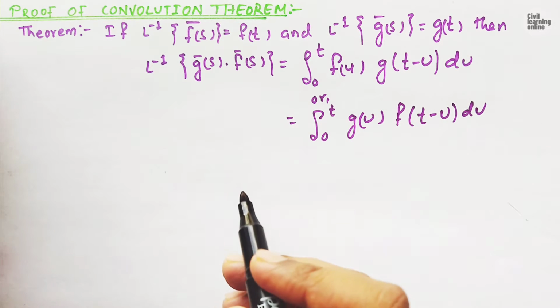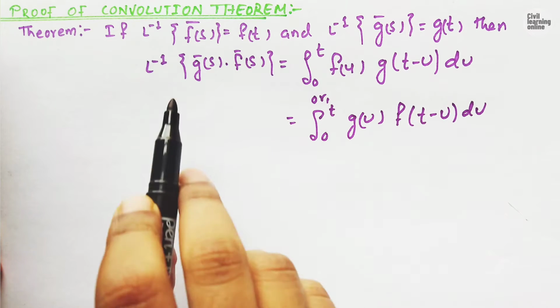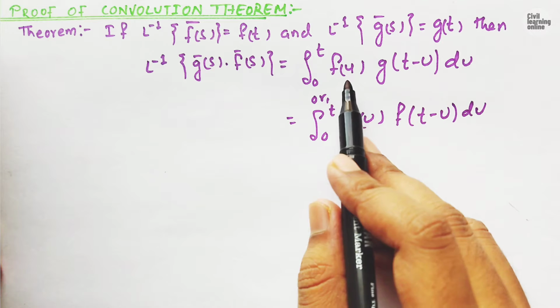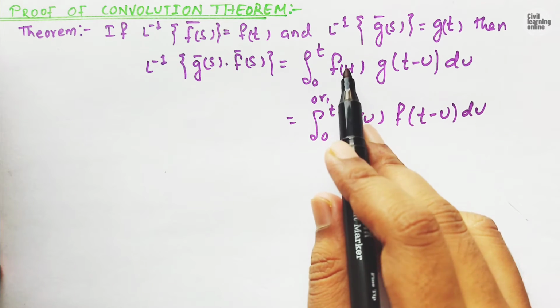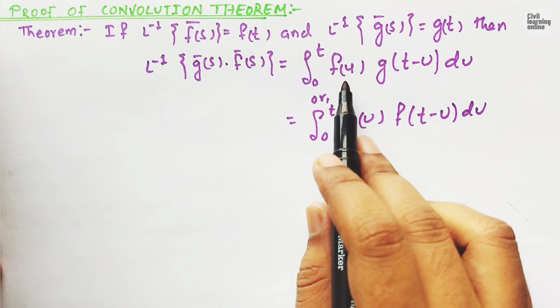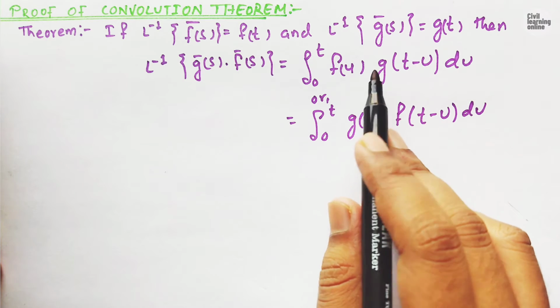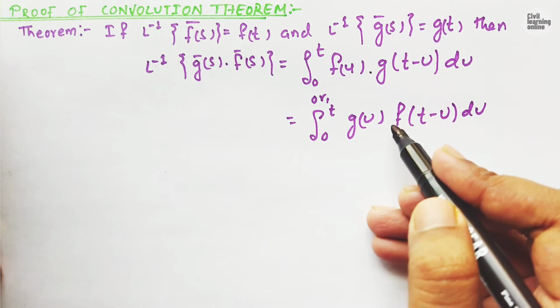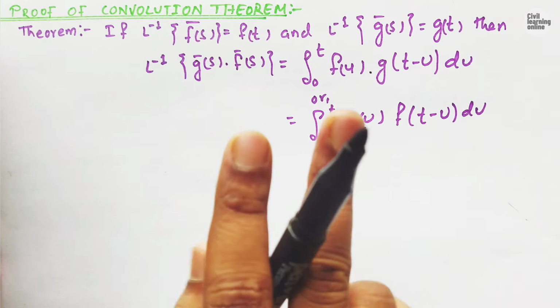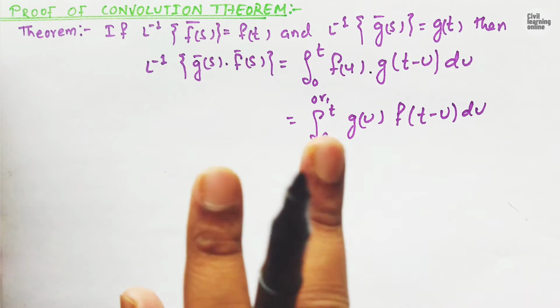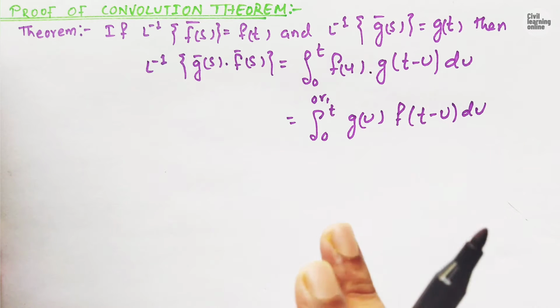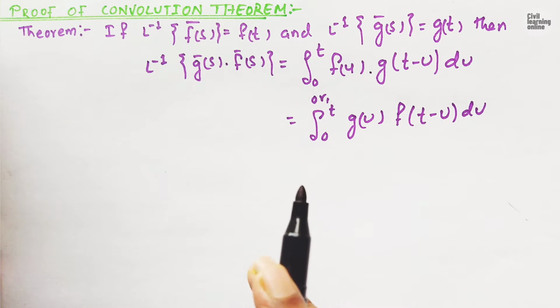So whenever we are applying the convolution theorem, we have to choose them as g s and f s, and when we apply the convolution theorem, it will get converted into f u times g t minus u, or we can also consider g u times f t minus u. We will be provided with two functions. You can watch the application of convolution theorem in my example; the link is in the I section as well as in the description.